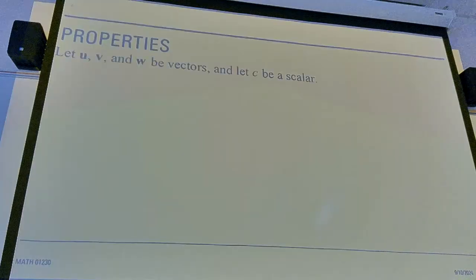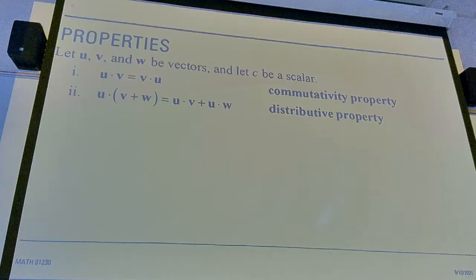Properties of the dot product. Three vectors, u, v, and w, and we have a scalar c. The dot product is commutative. It distributes across vector addition.